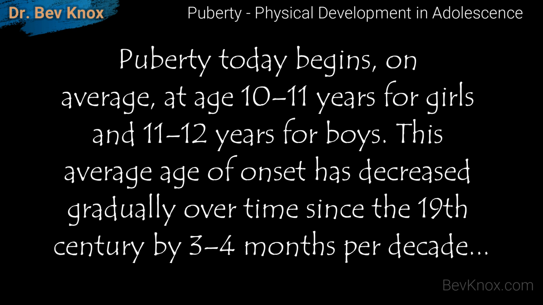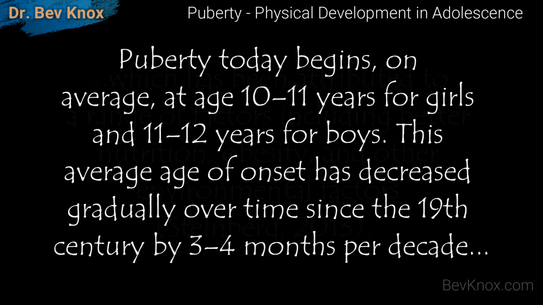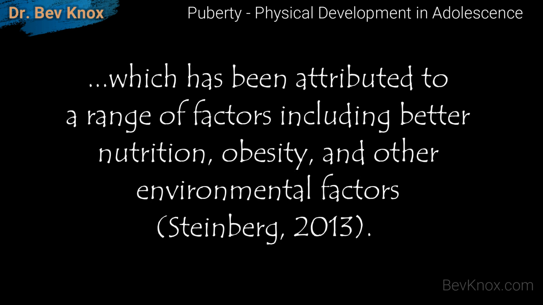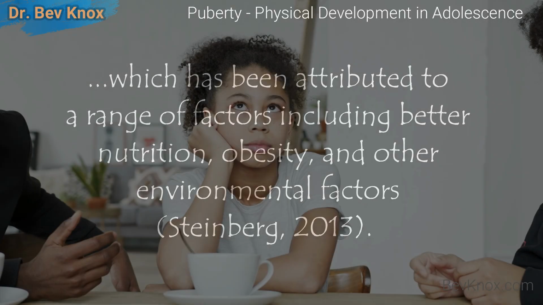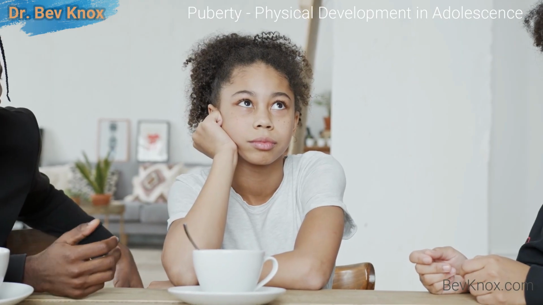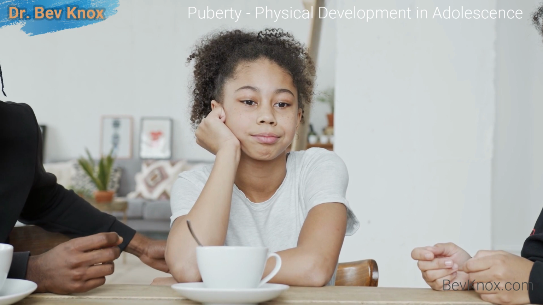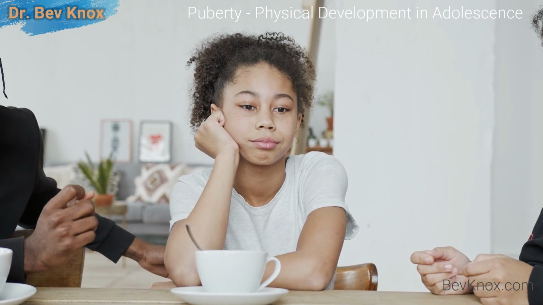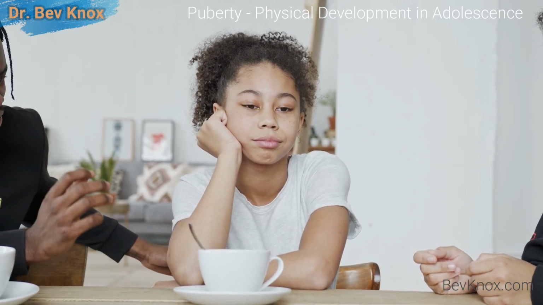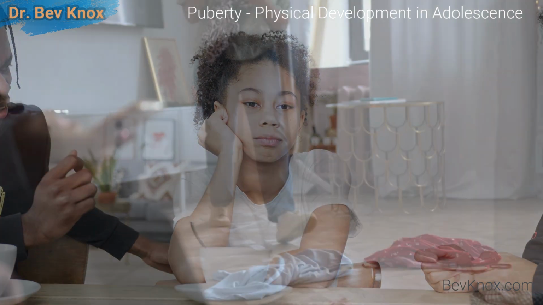This average age of onset has decreased gradually over time since the 19th century by 3 to 4 months per decade, which has been attributed to a range of factors, including better nutrition, obesity, and other environmental factors. And I should note that we are seeing cases of puberty starting earlier and earlier, of girls as young as 7 years old starting their periods.